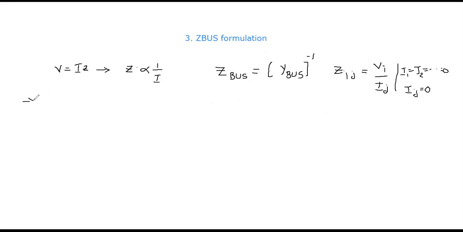Now we will see one problem here: how to obtain the Z bus if the network contains resistances like this. Please go through this. I'm drawing a network here.